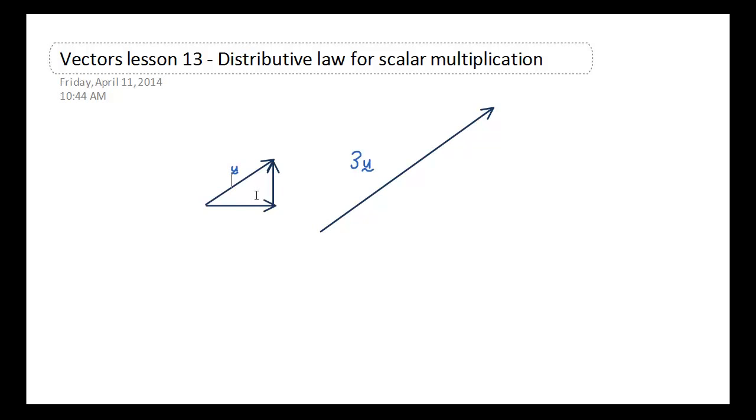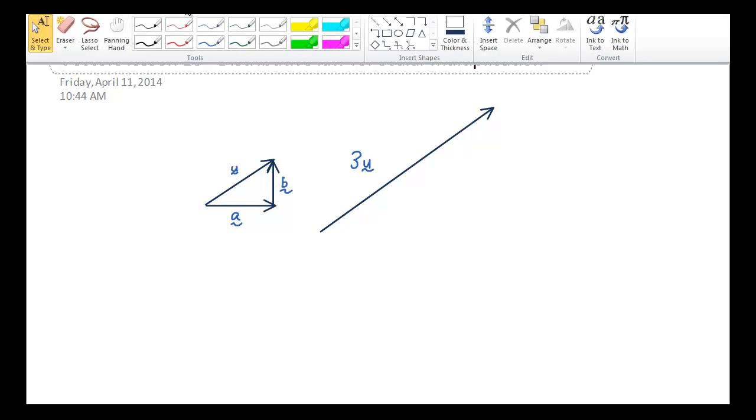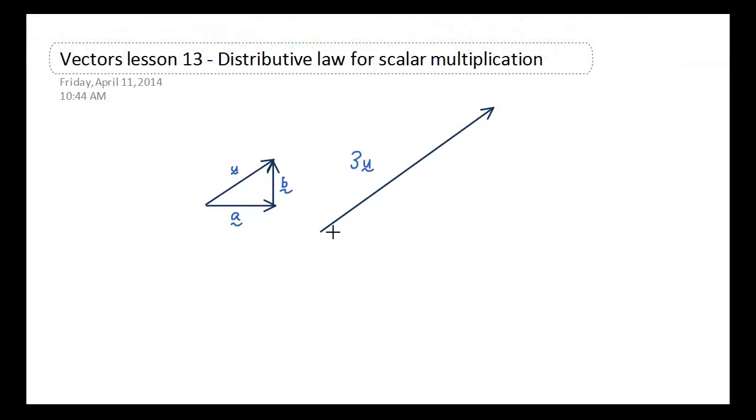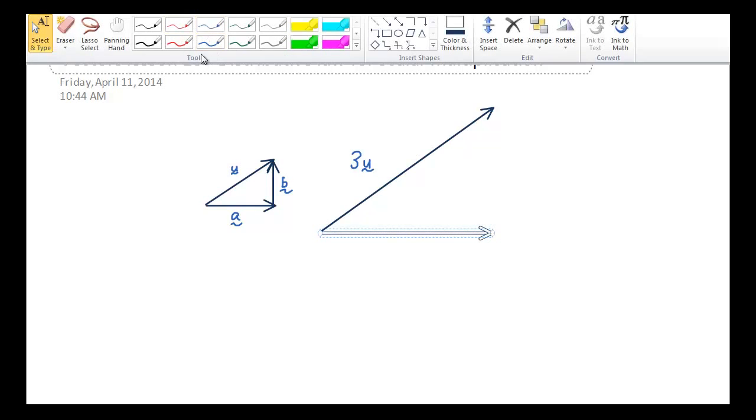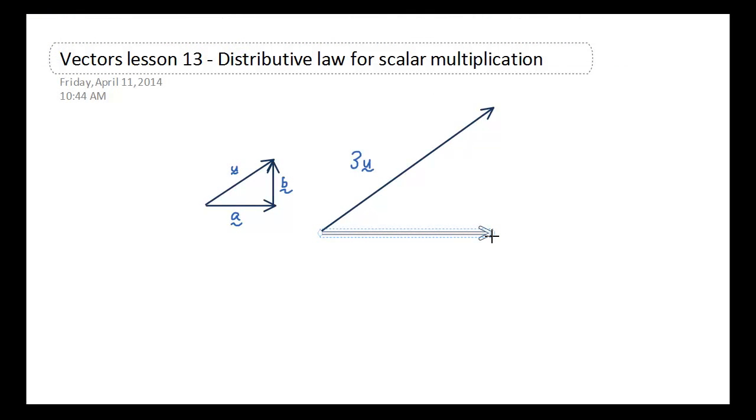You can call them anything, but I'm going to call them vector A and vector B. Now, if I make u 3 times as long, then A and B will also be 3 times as long, using the rule for similar triangles.